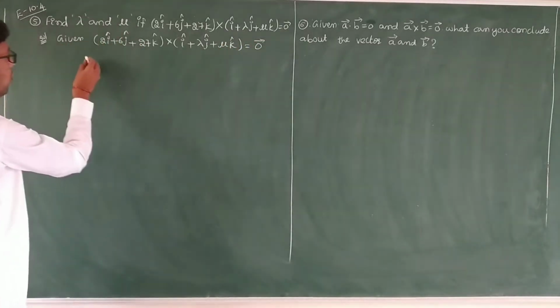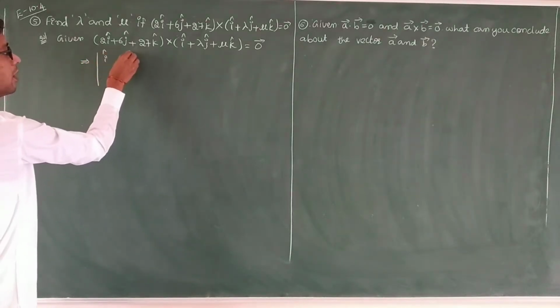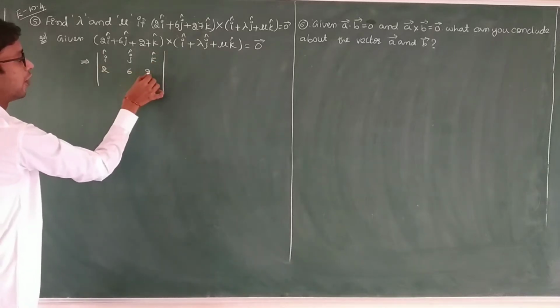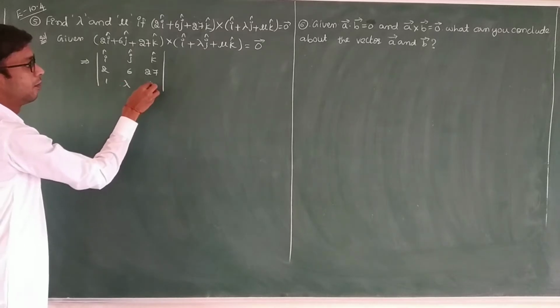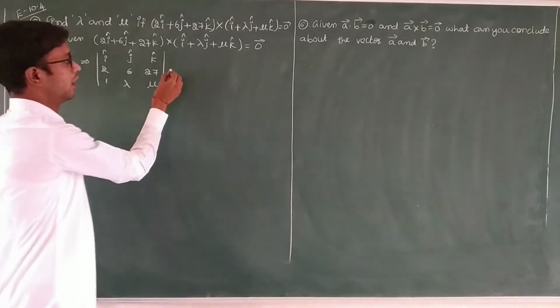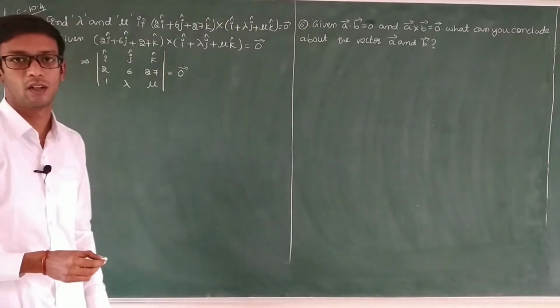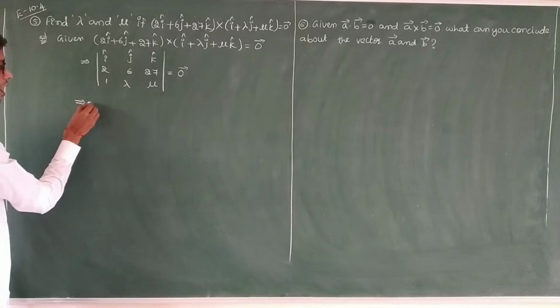So how will we do the cross product? That implies the cross product is nothing but a determinant we have to find. So 2, 6, 27, 1, lambda, mu is equal to 0 bar. 0 bar is a vector. Now I'll make the simplification.